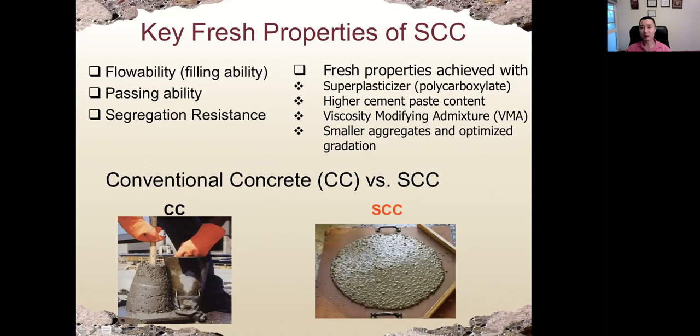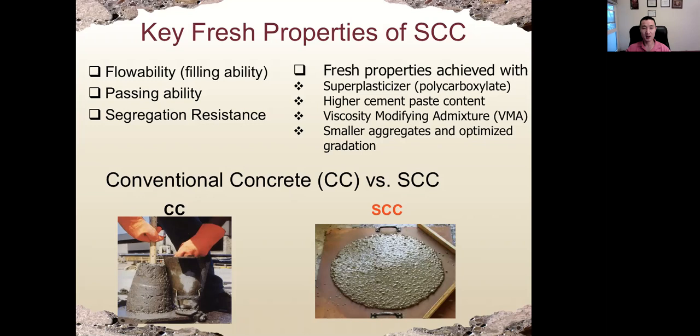The key properties of SCC focus on fresh properties. The first one is called flowability, sometimes also called filling ability, which means the concrete can flow into every part of the formwork.